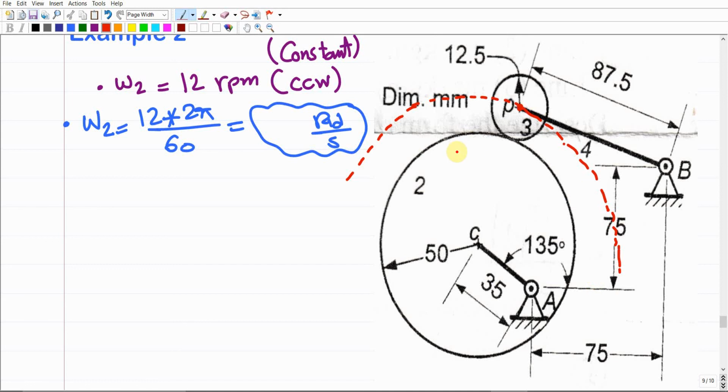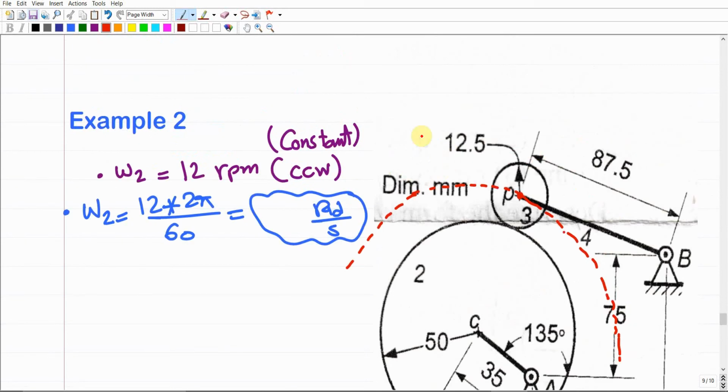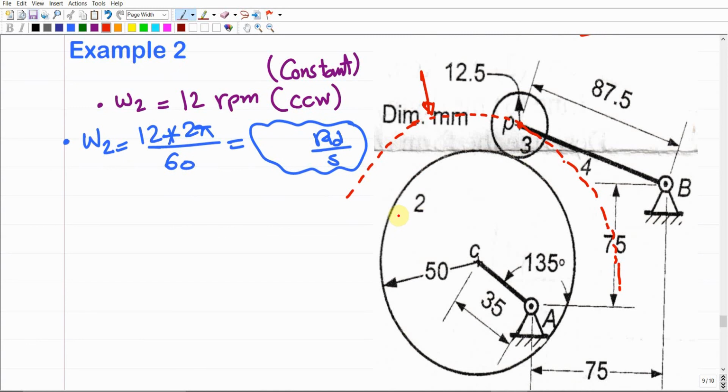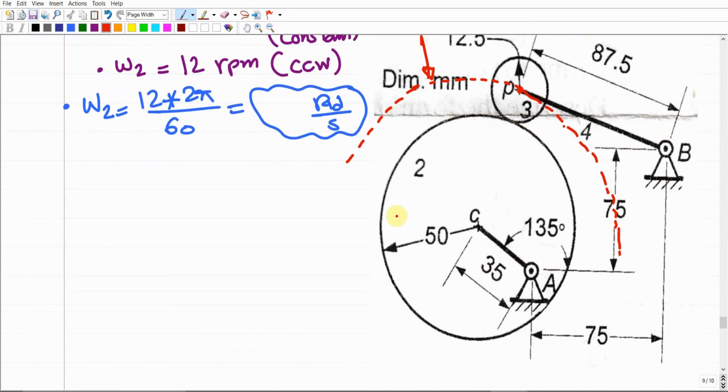This dashed line represents the path of point P. Make sense?